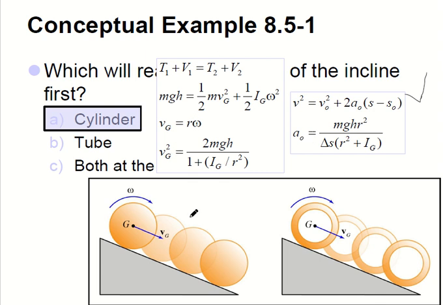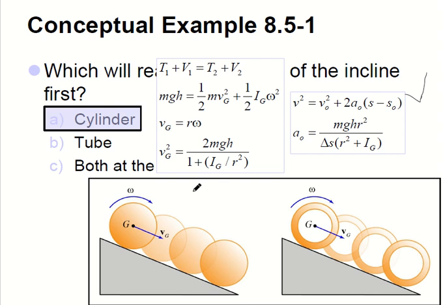What you're learning here is that the cylinder and the tube are going to roll without slipping. They convert gravitational potential energy into motion, which is translational kinetic energy.